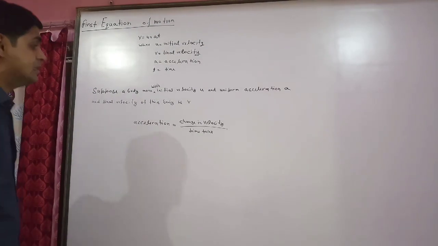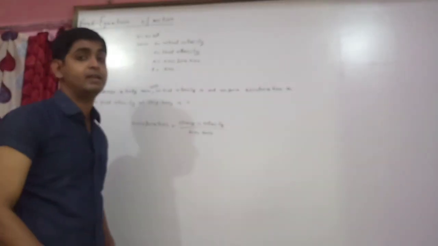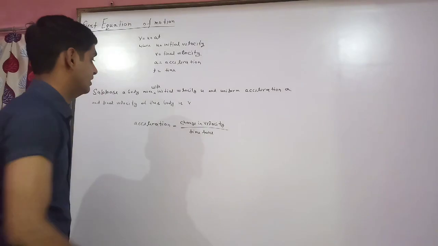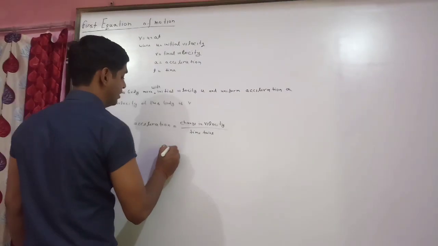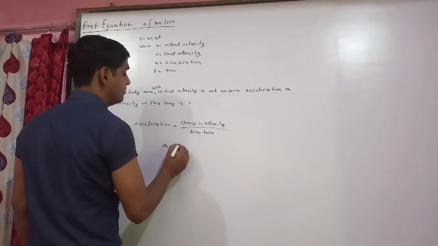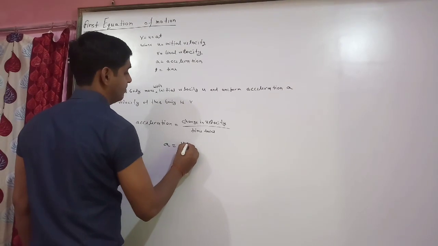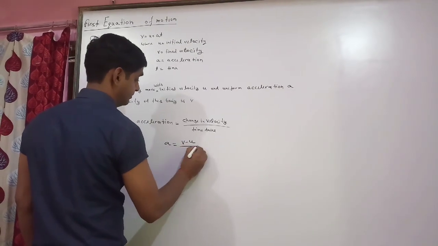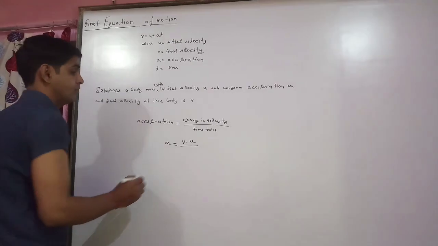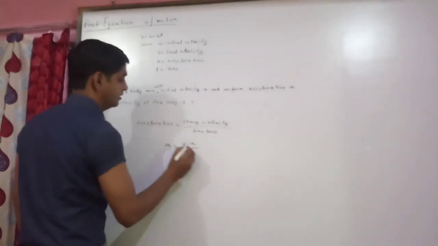The acceleration is denoted by small a. Change in velocity means final velocity minus initial velocity, and time taken is t.